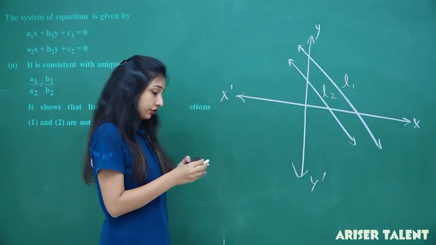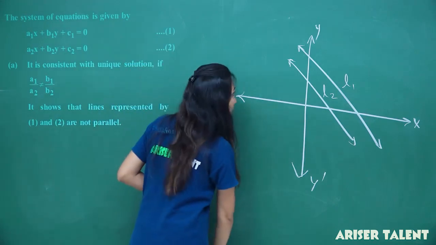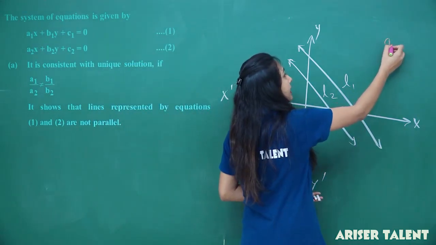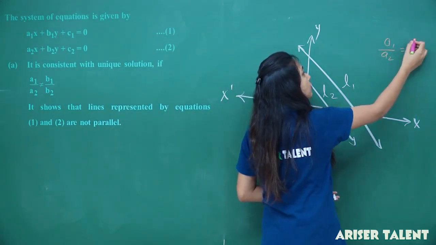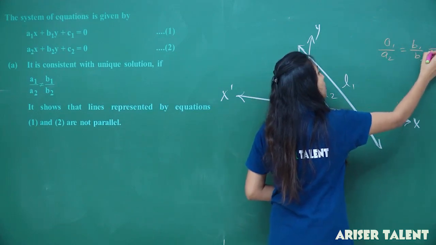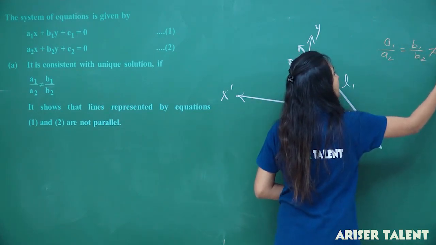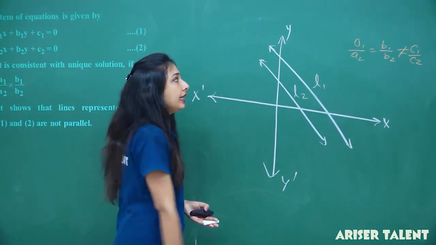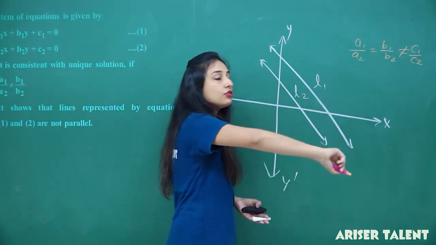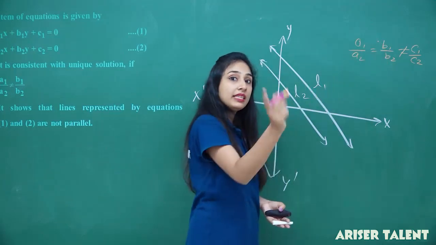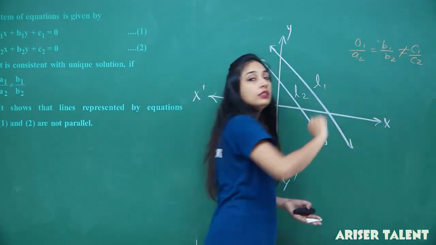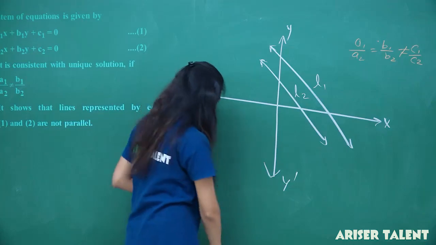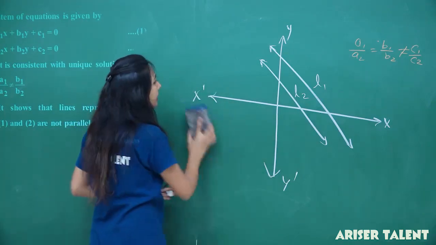In this condition, students, we understood that a1 by a2 is equal to b1 by b2 but not equal to c1 by c2. a1 by a2 equals b1 by b2 but that is not equal to c1 by c2. Parallel lines? Okay. Now the third category.